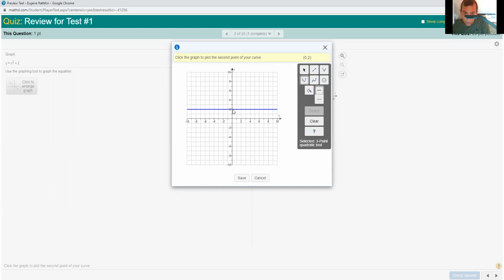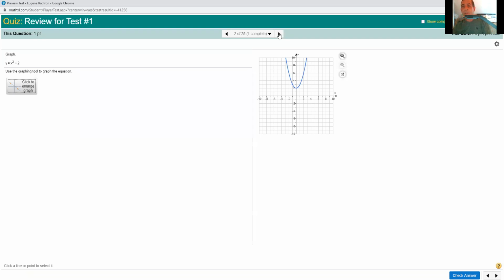So there's -1, 3. And then I'm going to plot a +1 and a 3. So there's my +1, 3. Okay, so I would save that. And then I'm going to go to my next question. All right, absolute value. Y equals absolute value of x plus 6.